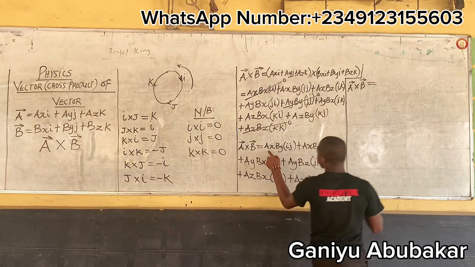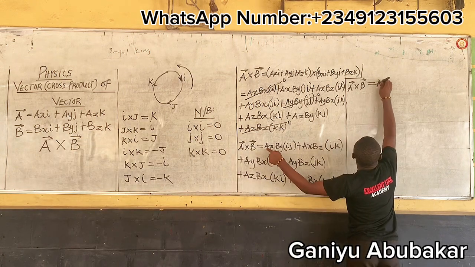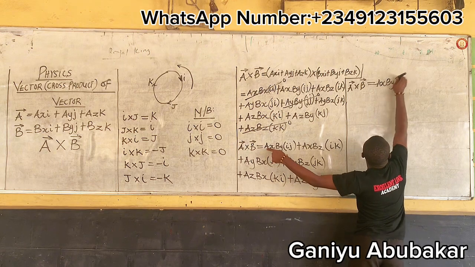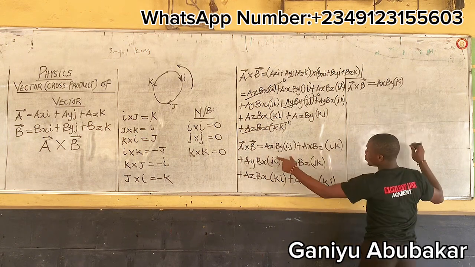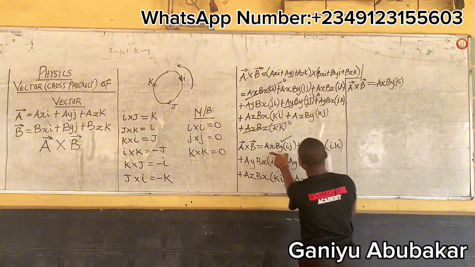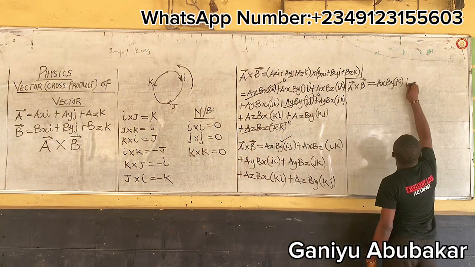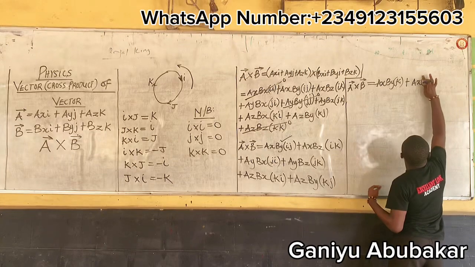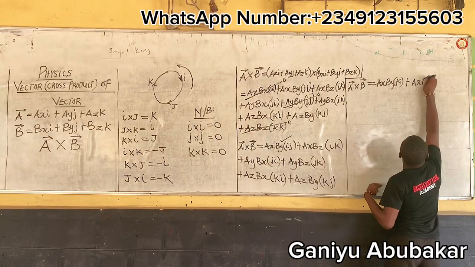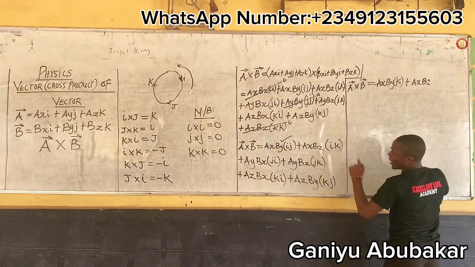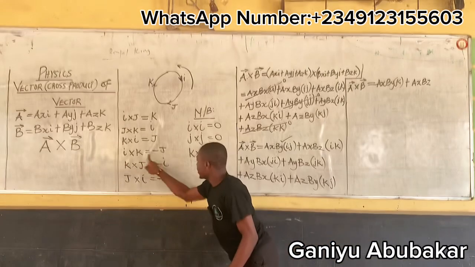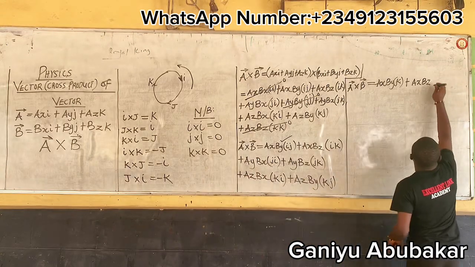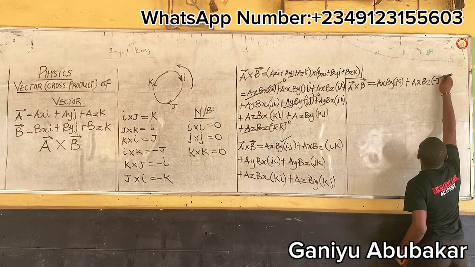So I will have A_x B_y into k. I'm done with this. Move to this, please. Plus A_x B_z, I have i k. That's minus j.